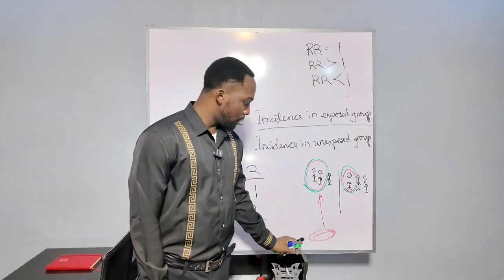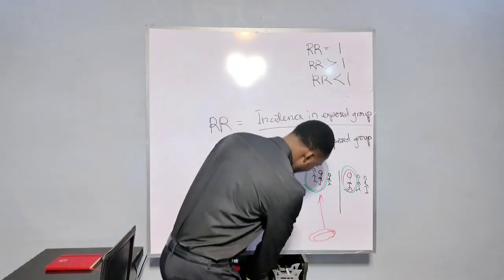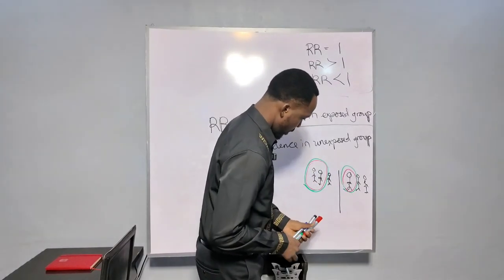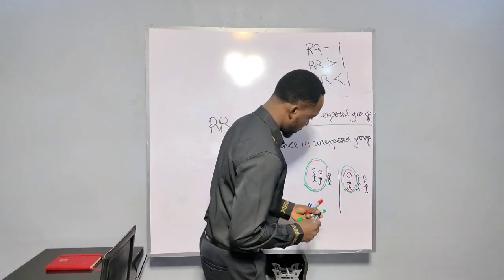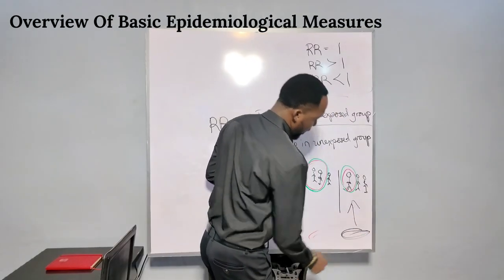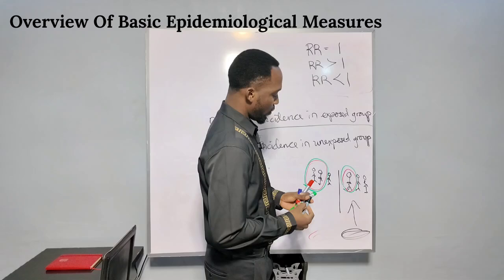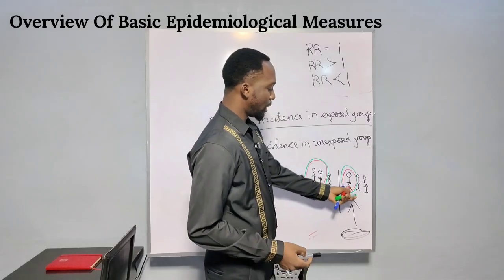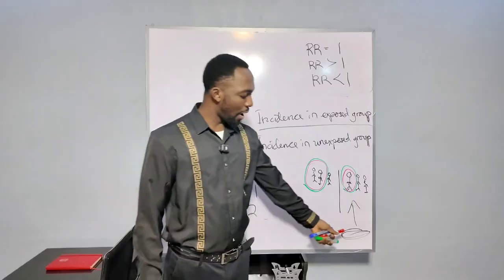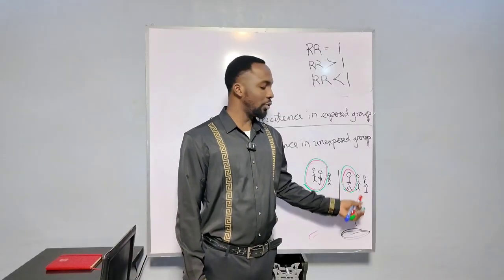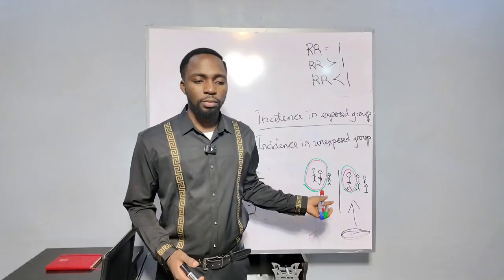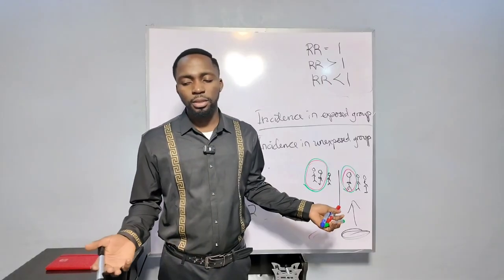And less than 1, so supposing this was the other way around, such that the factor was applied here, and instead of 2 people, one person was affected here, meanwhile for the unexposed, we have 2 people. It shows that applying this factor reduces the risk of, let's say, incidents.